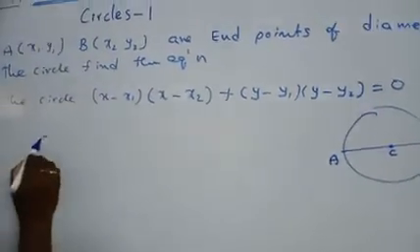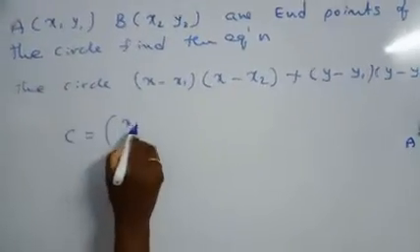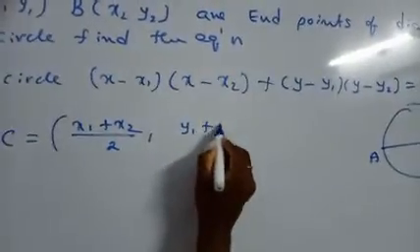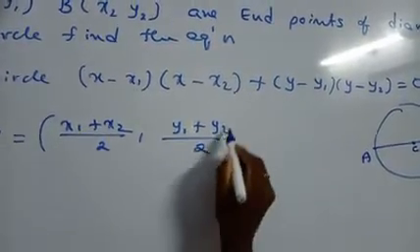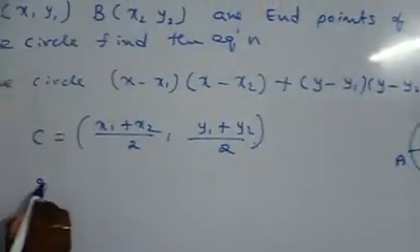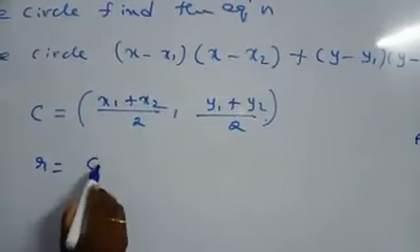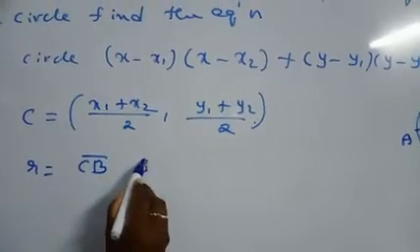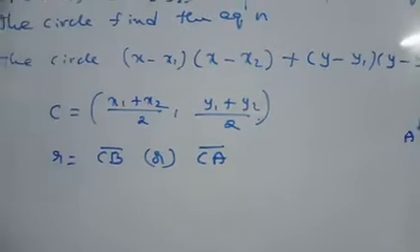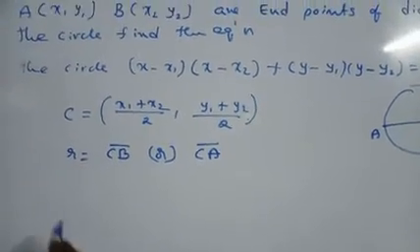If they are asking the center, C is equal to x1 plus x2 by 2, y1 plus y2 by 2. And if they are asking the radius, r is equal to the distance between CB or CA, anyone we can find, then we can get the radius.